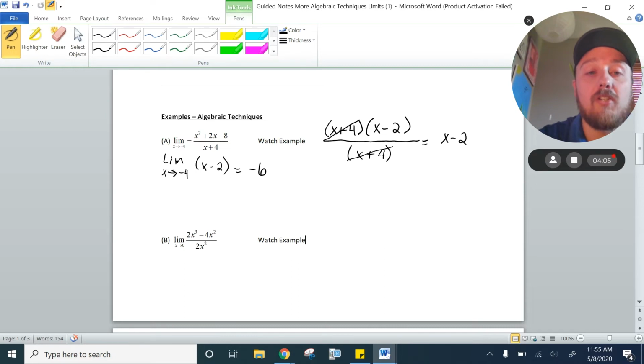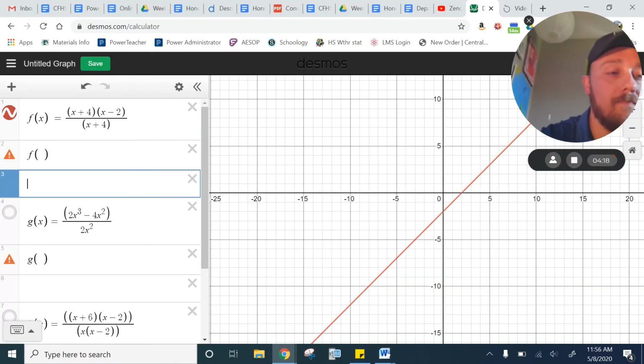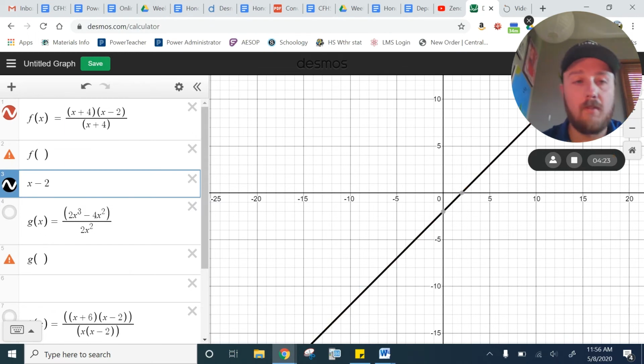Now, can we just say that this graph of x squared plus 2x minus 8 over x plus 4 is the same graph as just x minus 2? Absolutely not, because if I graph just x minus 2, and we follow this graph and go to -4, we don't have a hole anymore.